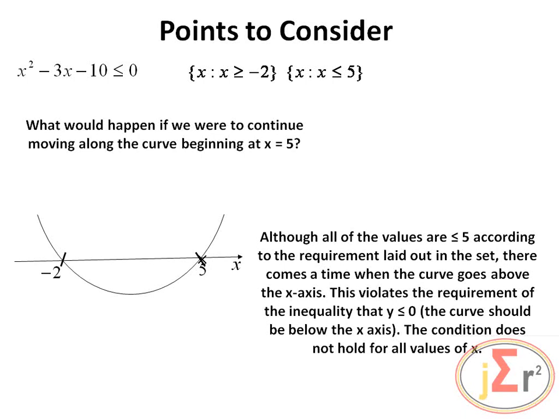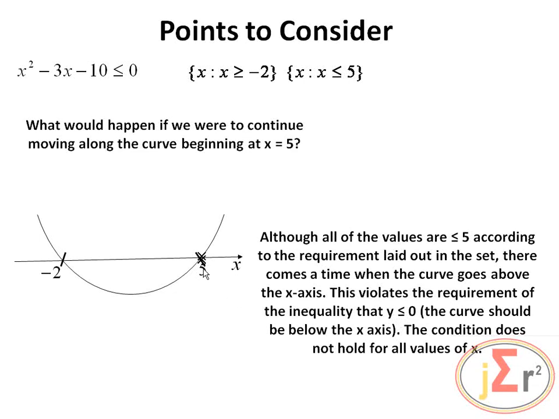This violates the requirement of the inequality that what? Should not go above the x-axis. See there? The curve goes above the x-axis eventually. But what should happen? The requirement of the inequality is that y is less than or equal to 0.